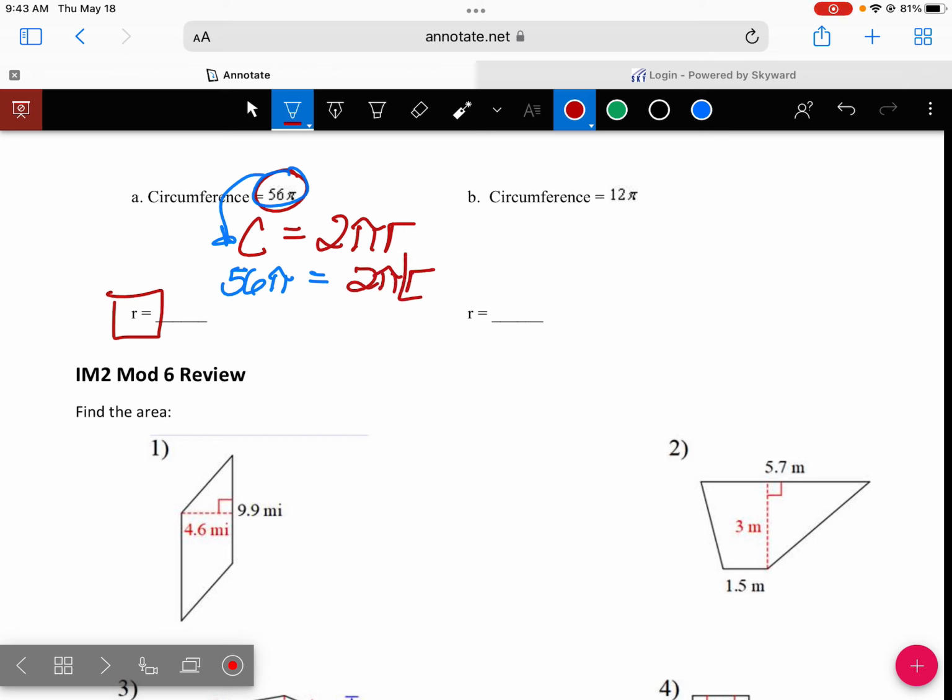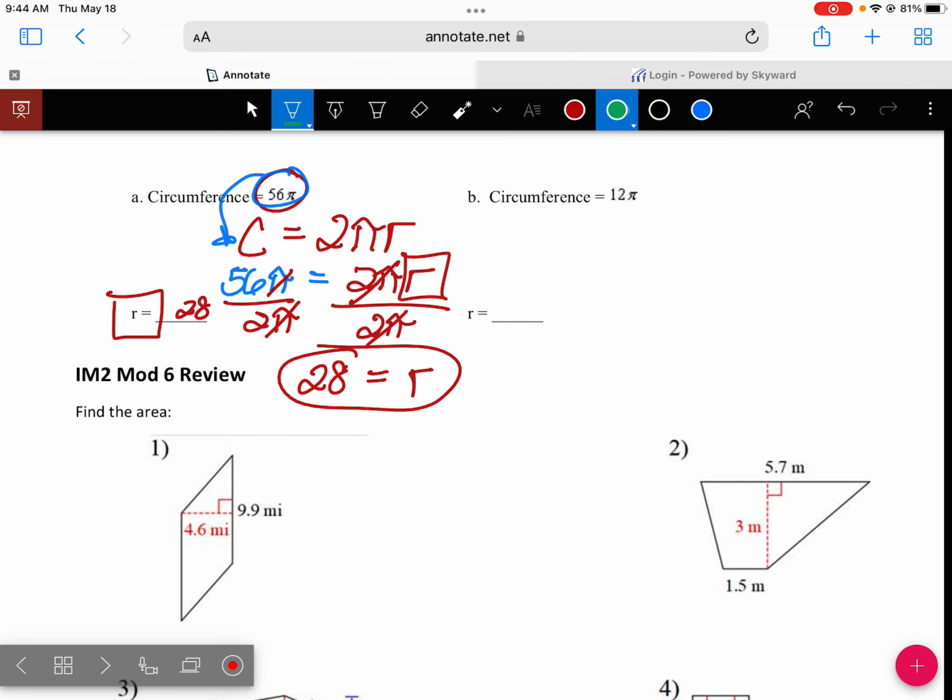You're solving for r. So you want to divide by 2 pi. Divide by 2 pi. Those simplify out, and pi divided by pi simplifies out. 56 divided by 2 is 28. So my radius is 28.